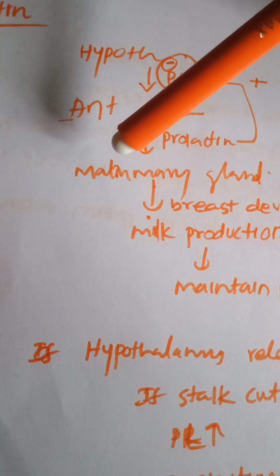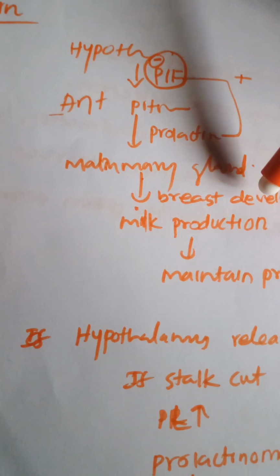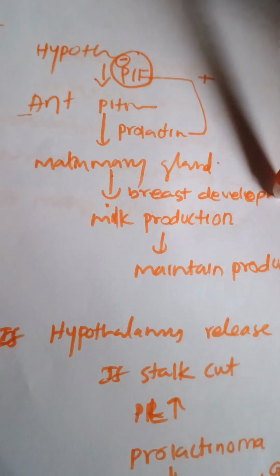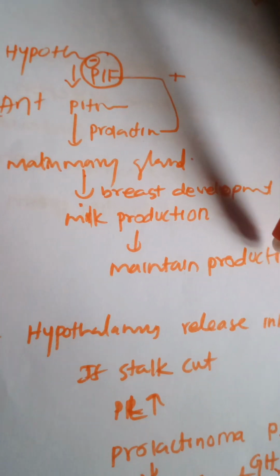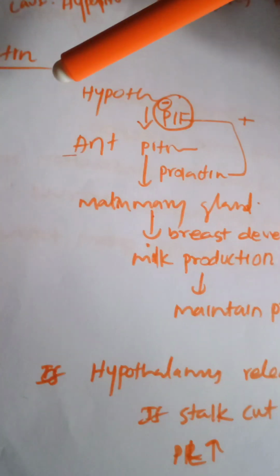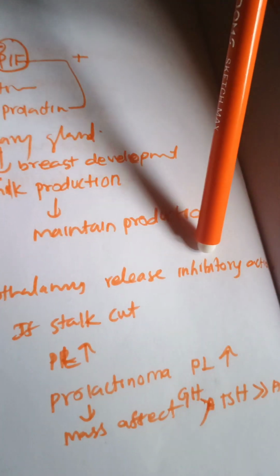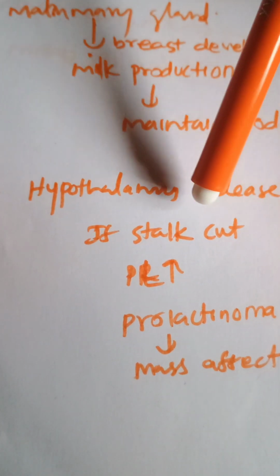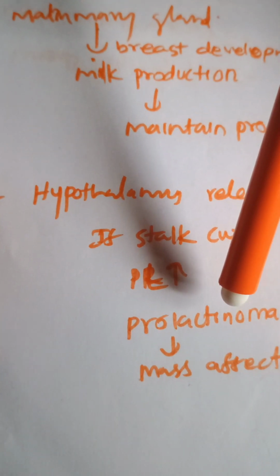It acts on the mammary gland. The target organ is the mammary gland. It stimulates breast development, milk production, and maintenance of milk production, which are the functions of the prolactin hormone. The hypothalamus exerts an inhibitory action. If the pituitary stalk is cut, there is no connection between the hypothalamus and the pituitary gland.